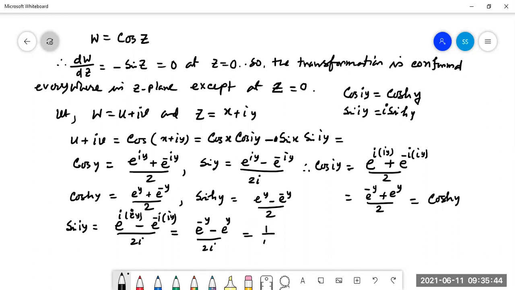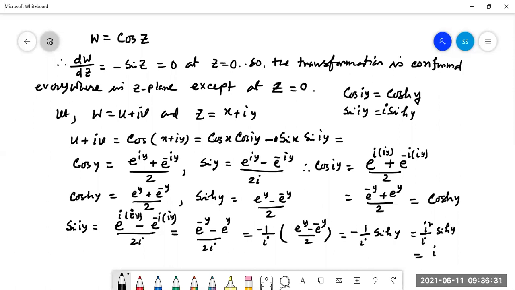If we take common minus 1 by I, we get e to the power y minus e to the power minus y by 2, which is sine hyperbolic y. The minus 1 can be written as I square by I, so one I cancels, giving I sine hyperbolic y.